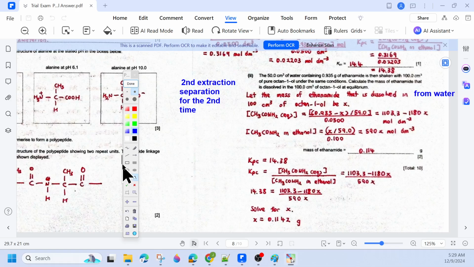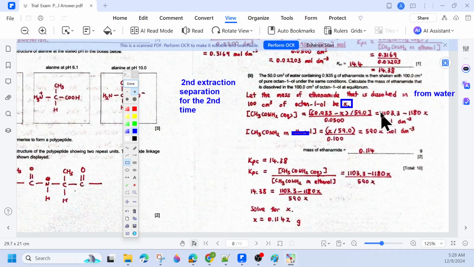I call it X. So the concentration of ethanamide in aqueous water will be 0.935 minus x, because the x amount will enter into the octanol, not ethanol, octanol. So it is (0.935 minus x) over 59 over 0.05.